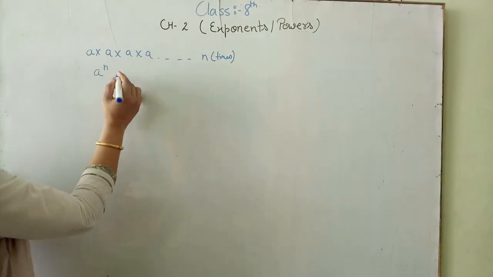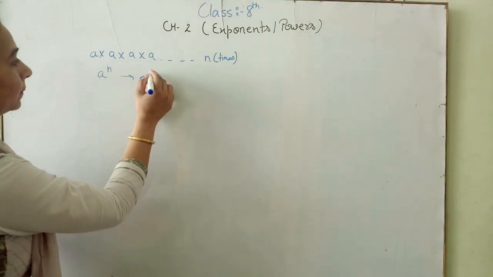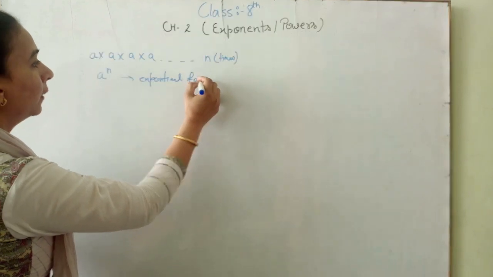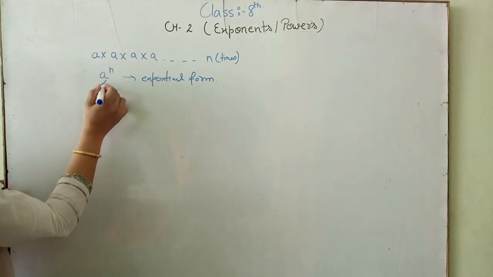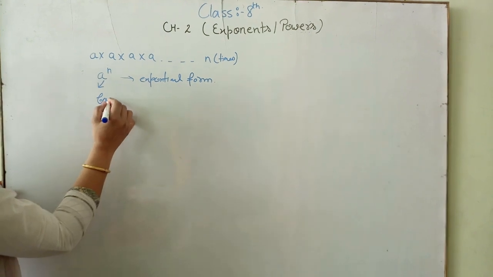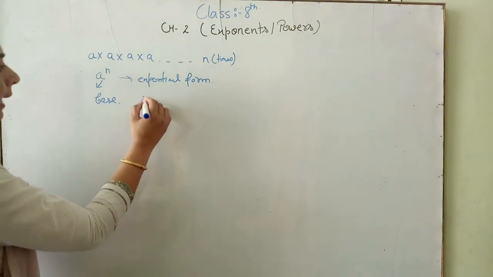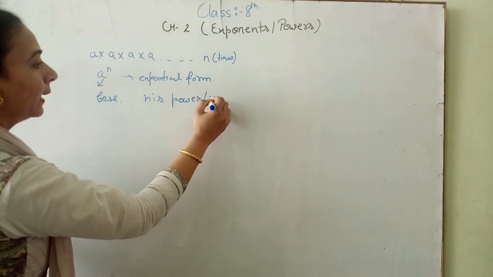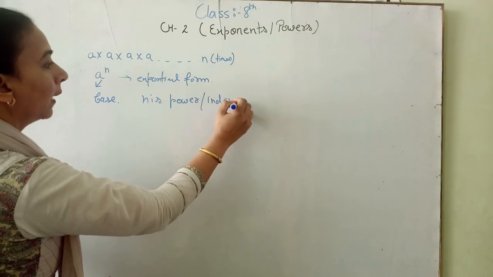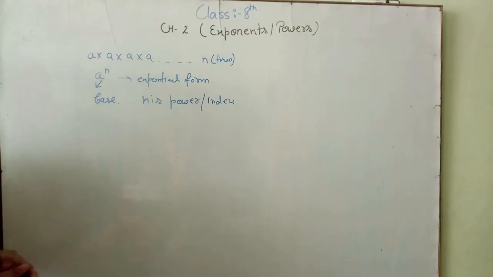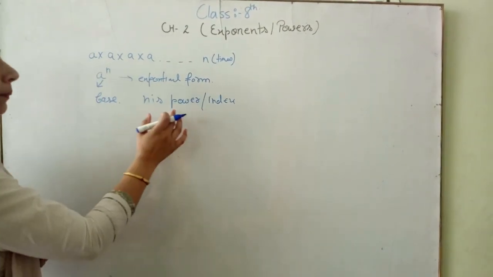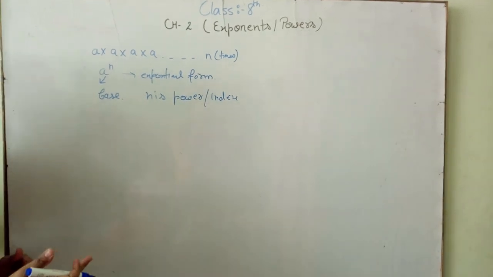This is our exponential form. In this form, a is the base and n is the power, index or exponent. Clear? This is our exponential form.